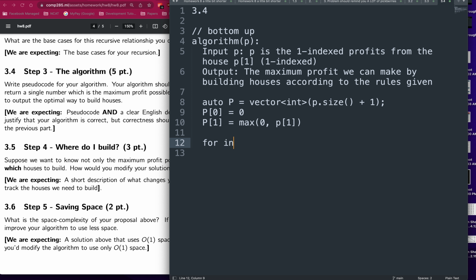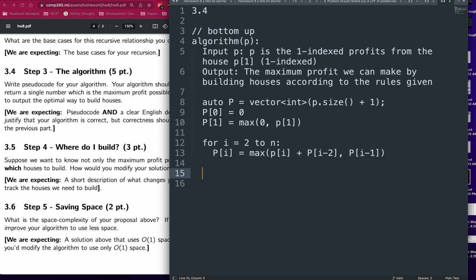I did it this way, so for i equals 2 to n. This is inclusive, because we include n since things are one-indexed. I'm going to say capital P of i is equal to the max of two values: either I build a house, so it's Pi plus capital P of i minus 2, or it's capital P of i minus 1.